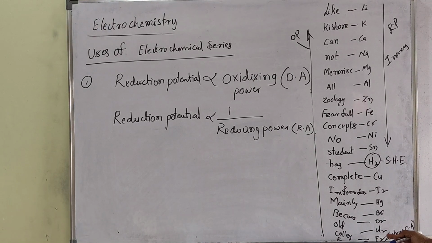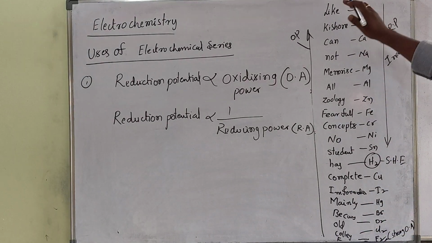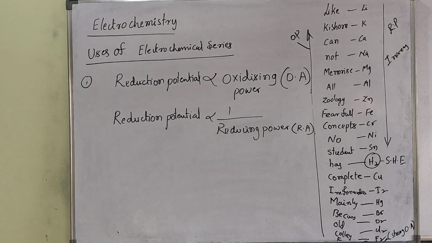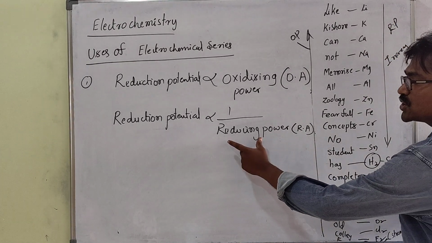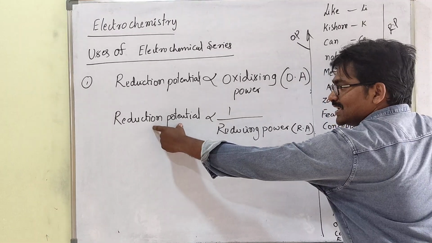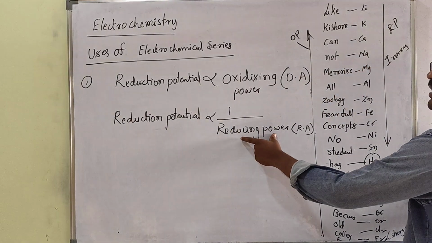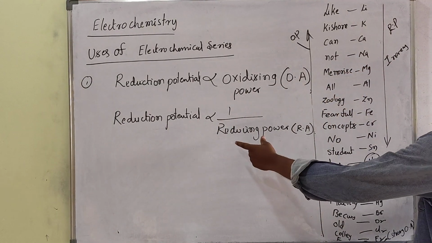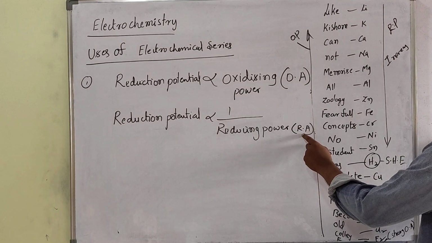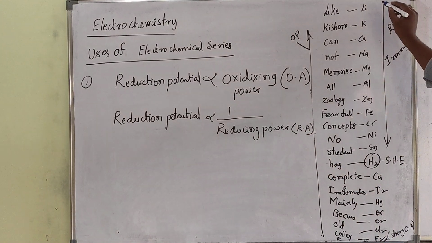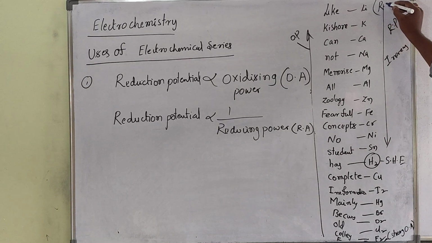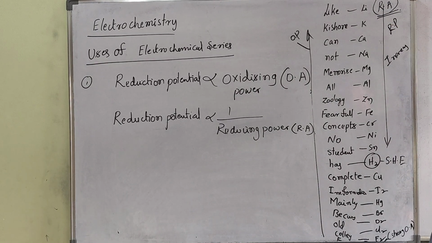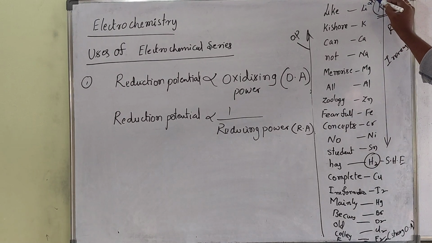Then from bottom to top, oxidation potential values increase and reduction potential values decrease. Those with lower reduction potential values have greater reducing power and act as reducing agents. So lithium acts as a reducing agent, fluorine acts as an oxidizing agent, a strong oxidizing agent.